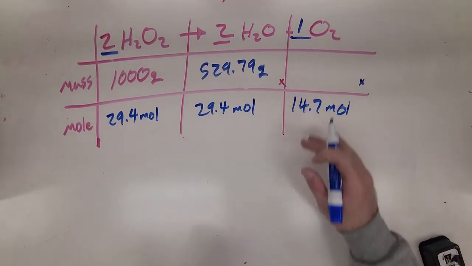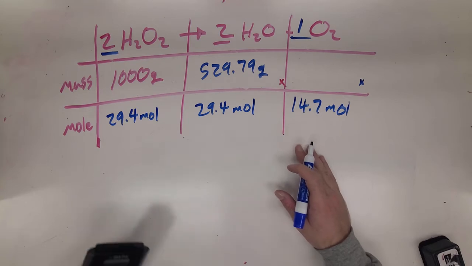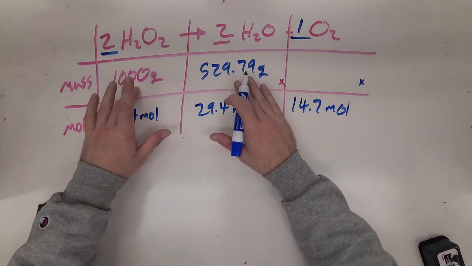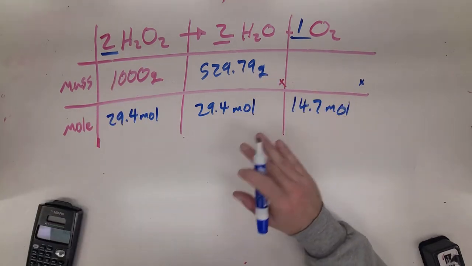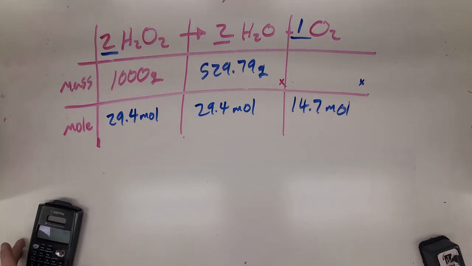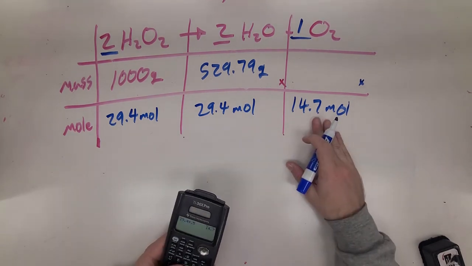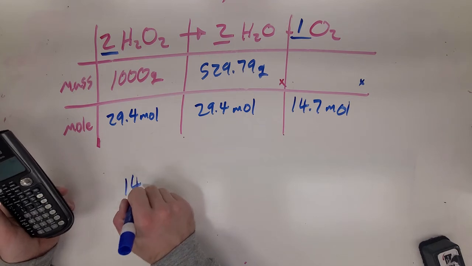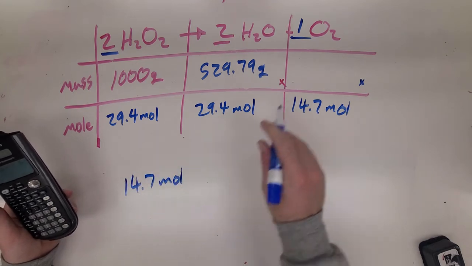And then from there, we can figure out how many grams we lost. And once we know all this information, we can also figure this out another way, and we'll do that just to compare for this first example. So we have 14.7 moles of oxygen gas.